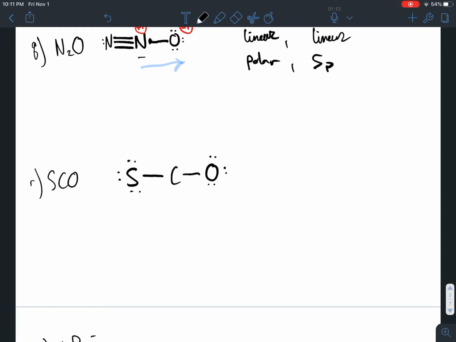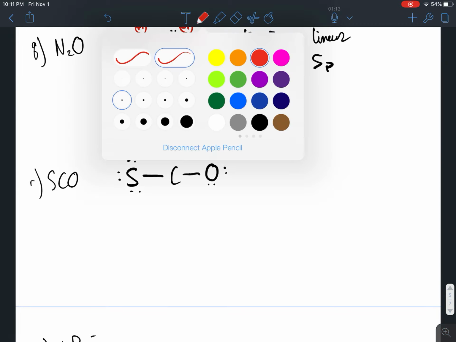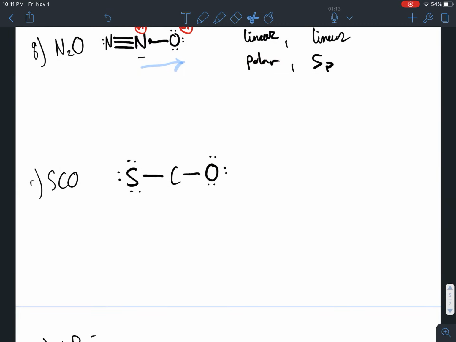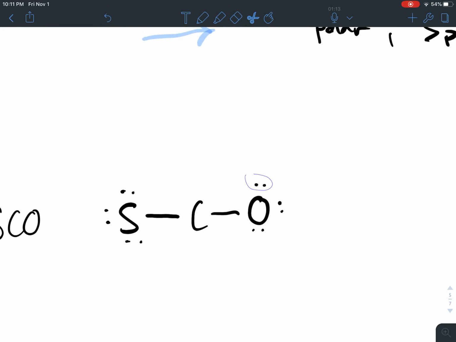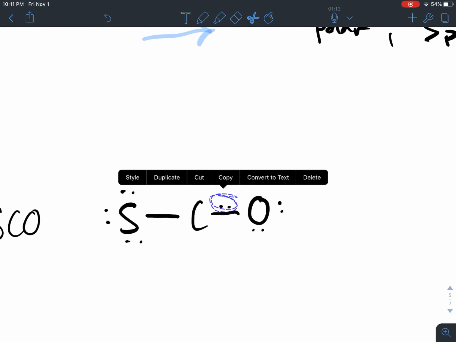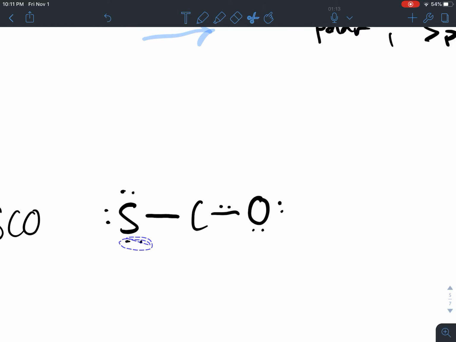Okay. Now we ask ourselves, is this reasonable? What's the formal charge? Carbon doesn't even follow the octet rule, so we can't even get to that place yet. So let's make sure everything is following the octet rule. So what we're going to do, these electrons come down there.